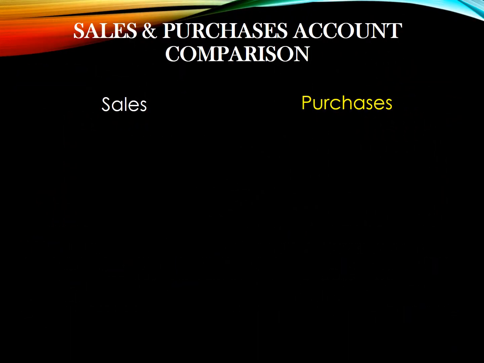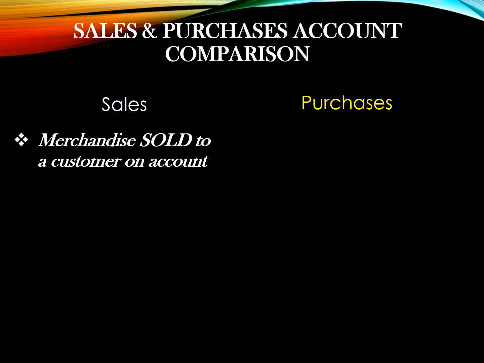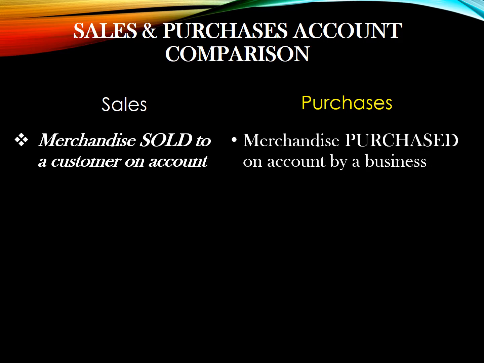Let's do a comparison now between the sales and purchases accounts. Sales is merchandise sold to a customer on account, whereas purchases is merchandise purchased on account or for cash by a business.